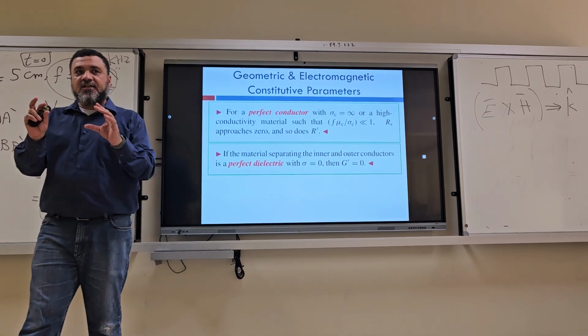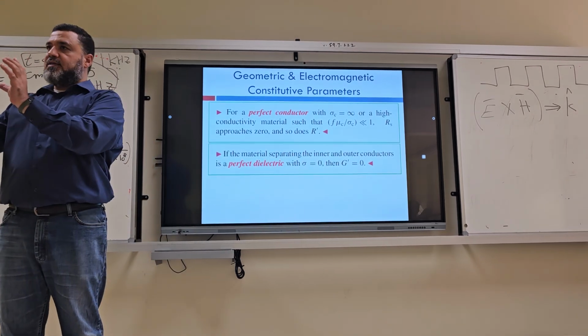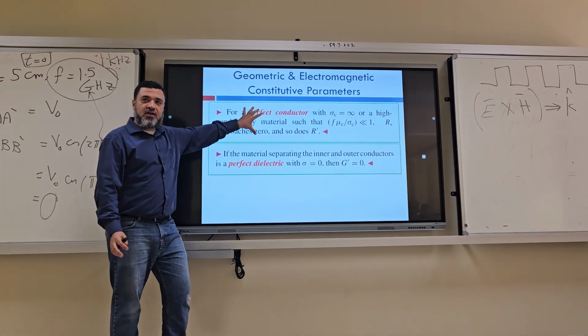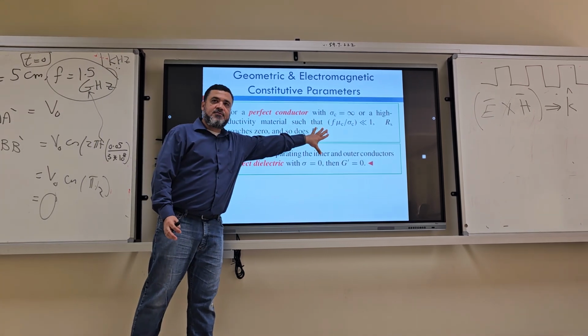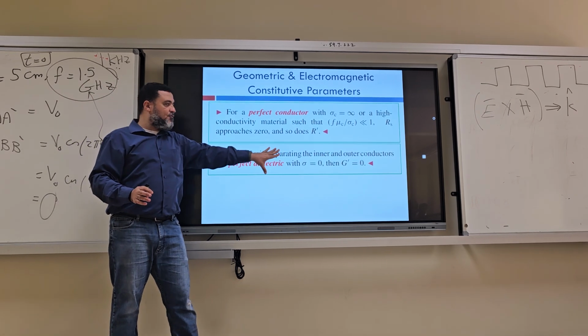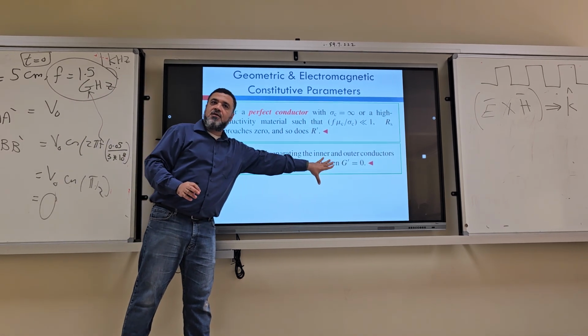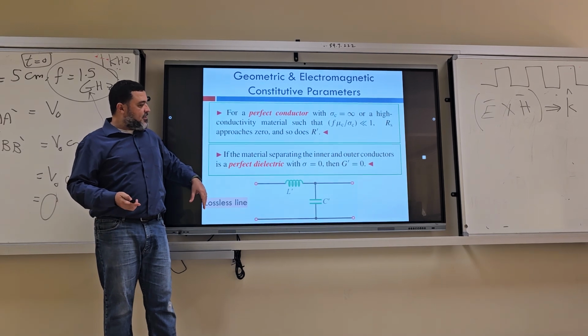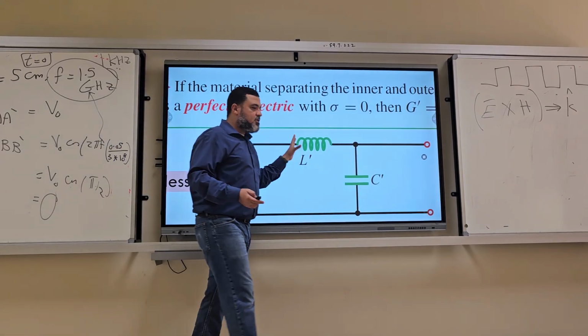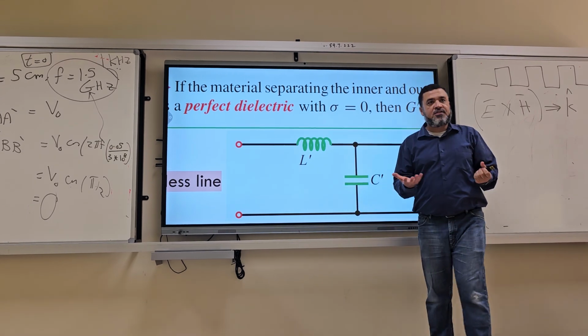So we have two parameters that we can control, the resistance R and the conductance G. If you have a good conductor, you will have no Rs, no heat loss. If you have a good dielectric, you will have no conductance, no power loss in the dielectric. If you get rid of R and G, the new line is called a lossless transmission line.